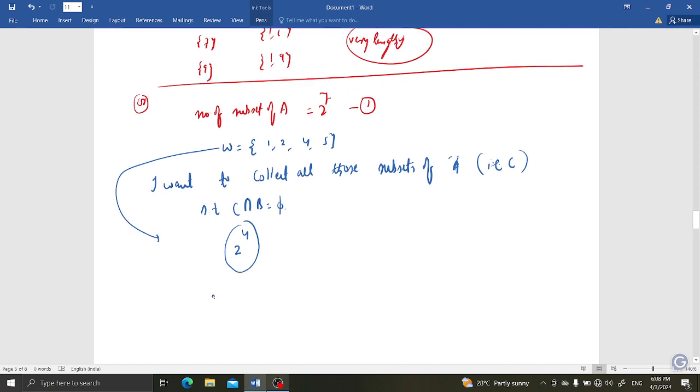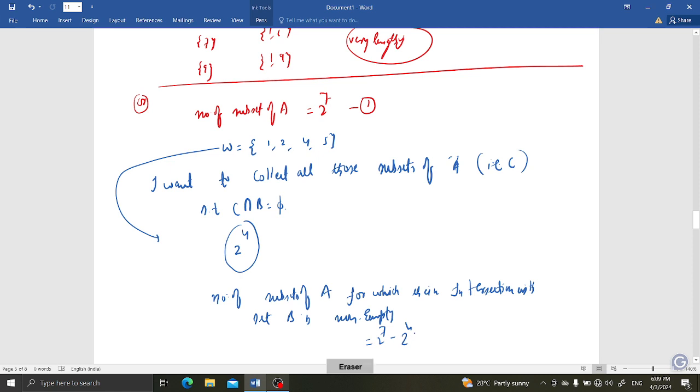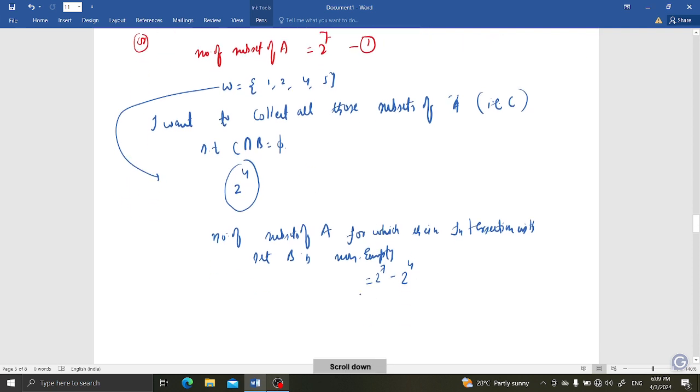So the number of subsets of A for which their intersection with set B is non-empty will be 2 raised to the power 7 minus 2 raised to the power 4, because from the complete set I need to subtract all those for which it came out empty. Hence, solving this, 2 raised to the power 7 is 128, since 2 raised to the power 6 is 64.